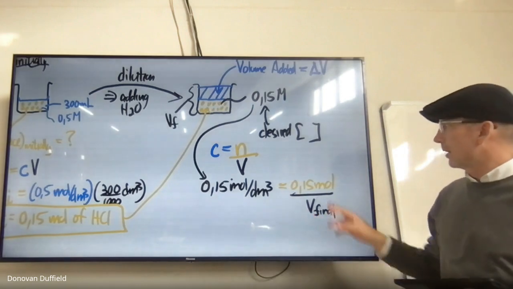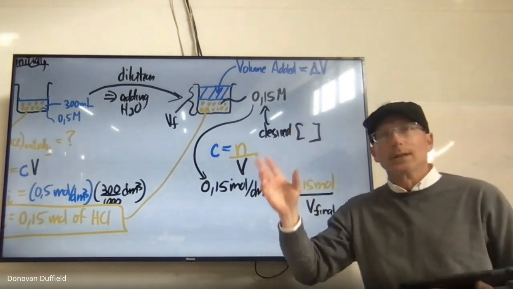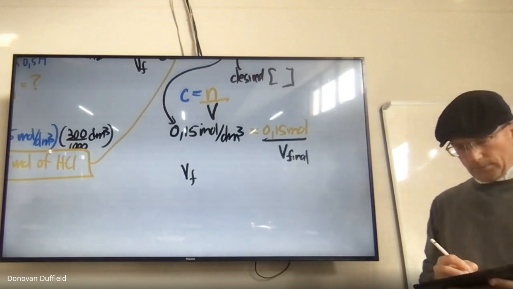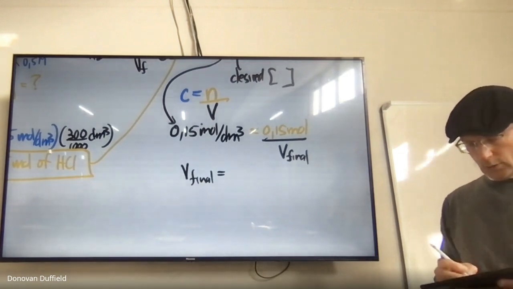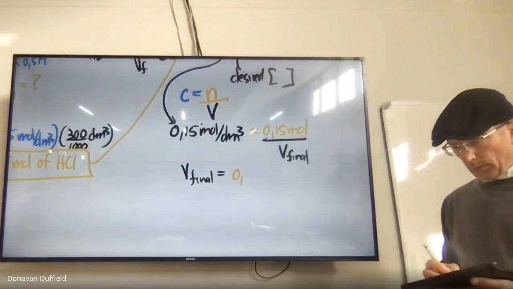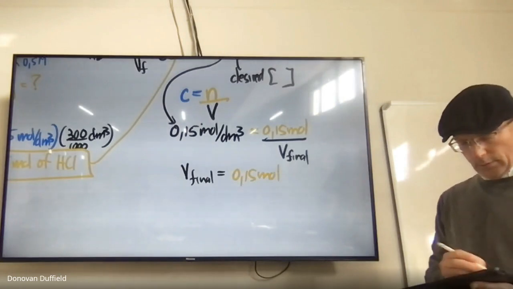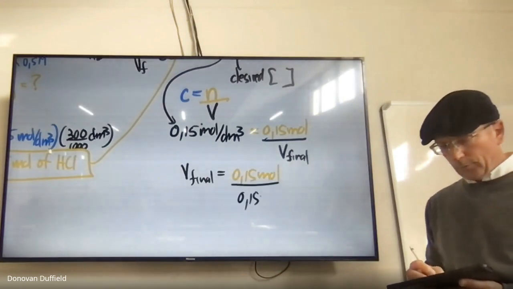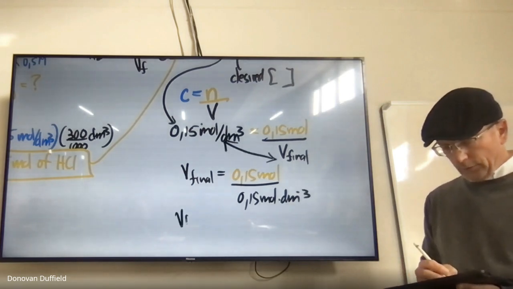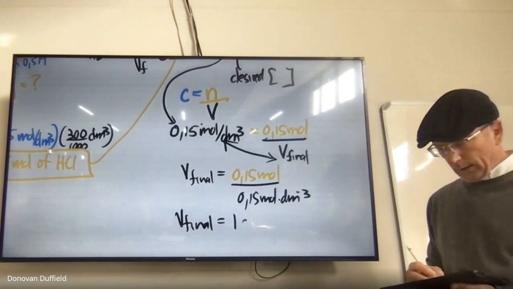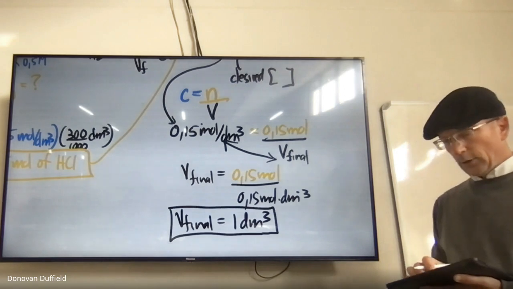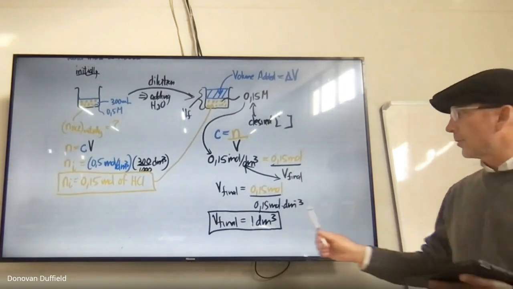V final is 0.15 mole over 0.15 mole per cubic decimeter, so we've switched these around. V final happens to be 1 cubic decimeter, purely by fluke, not always 1. So your final solution is going to be 1 cubic decimeter.